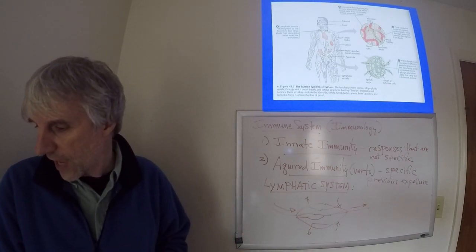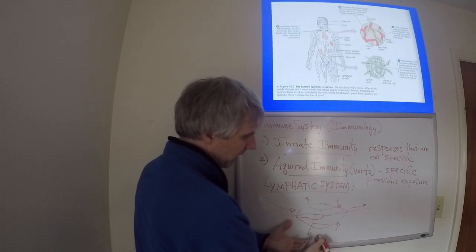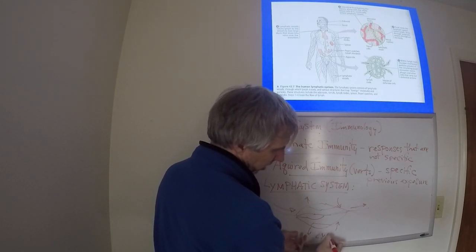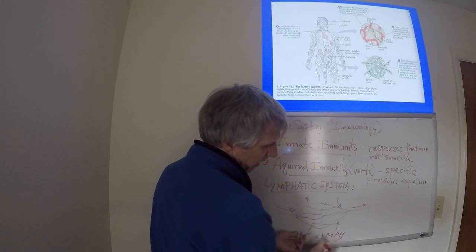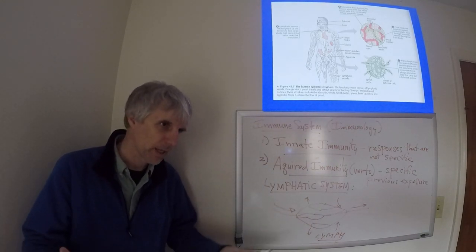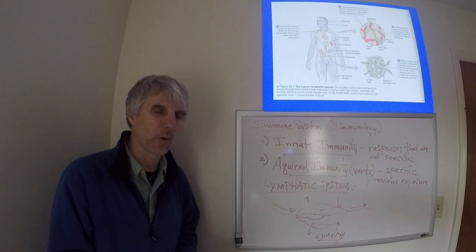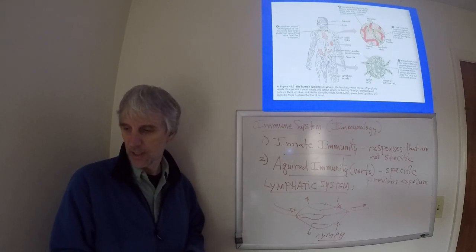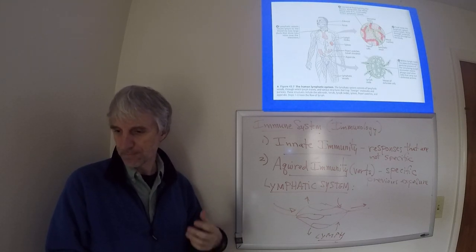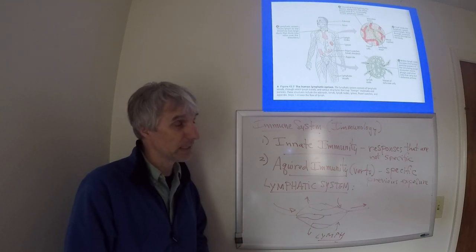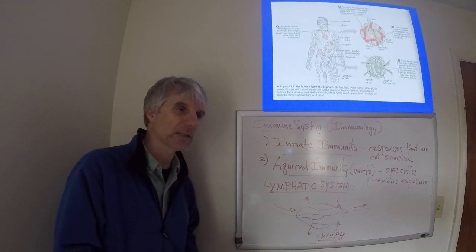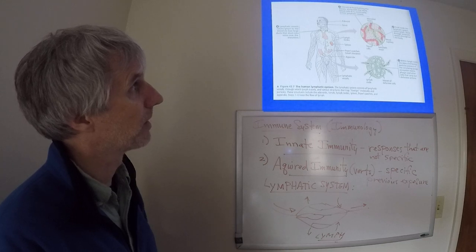What is the fate of this stuff? Well, this fluid that now exists out here, we're going to call lymph, hence lymphatic system. We're talking about what happens to this lymph. So this lymph then can be collected and returned back to the circulatory system.